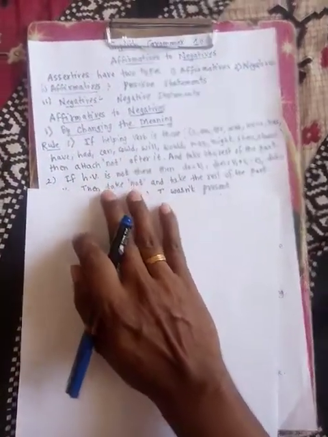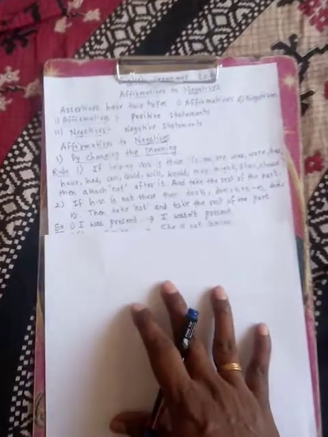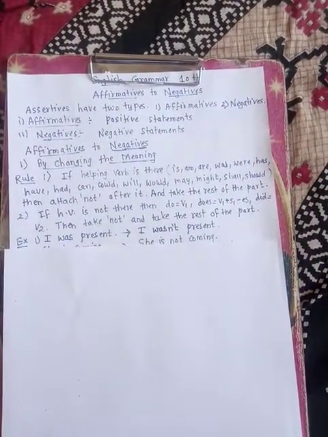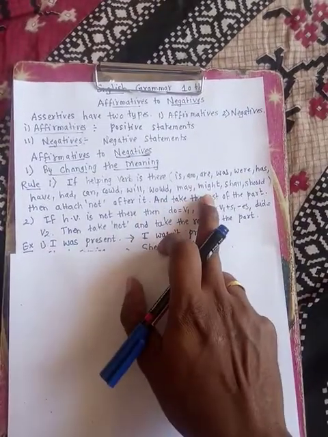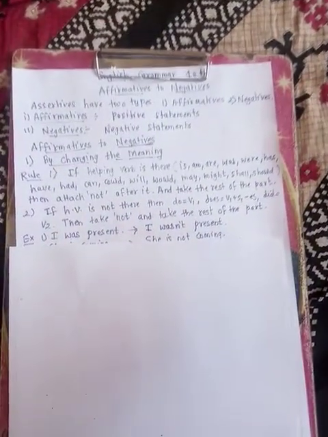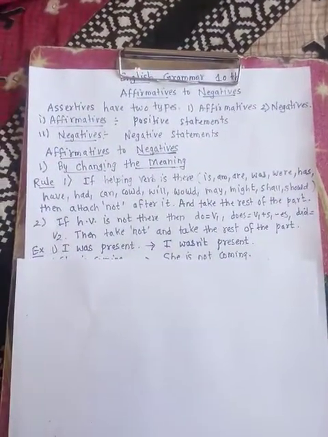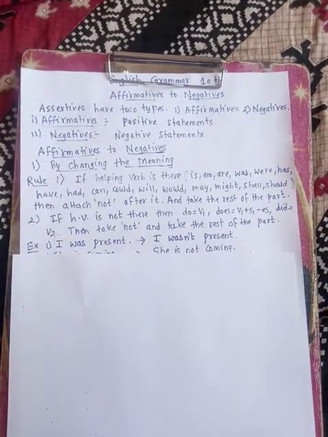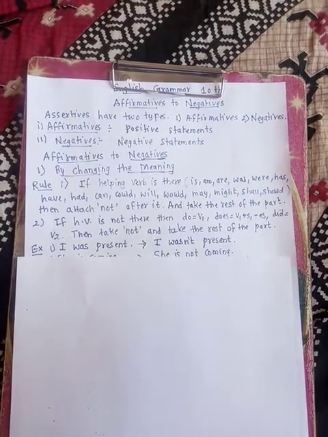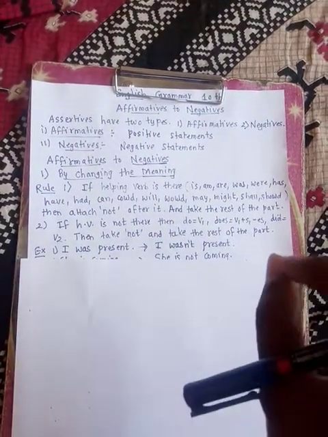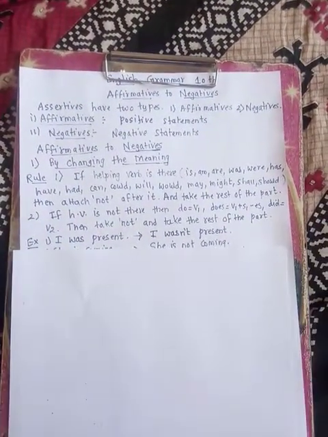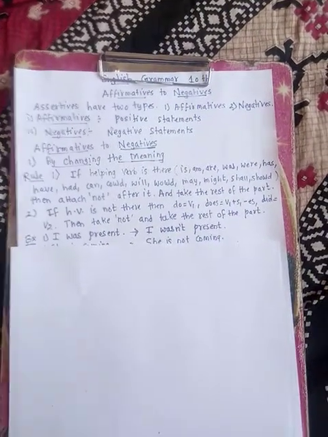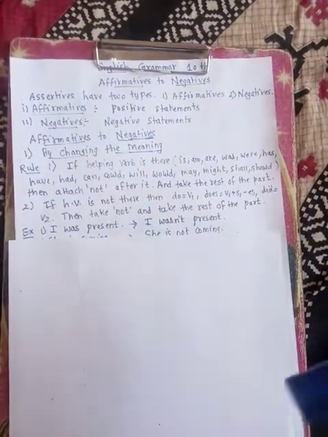In this you simply have to add not. But there are again two ways. If there is a helping verb in the sentence, helping verbs we have already studied: is, am, are, was, were, have, has, can, could, may, might, will, would, shall, should, must, then you have to simply attach not to that helping verb and take the rest of the sentence as it is.